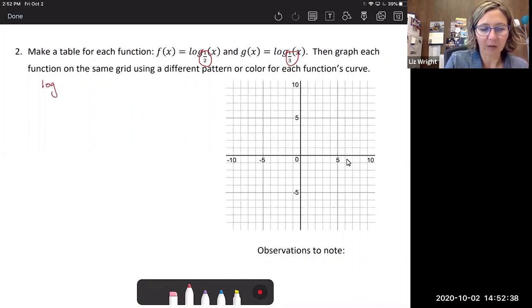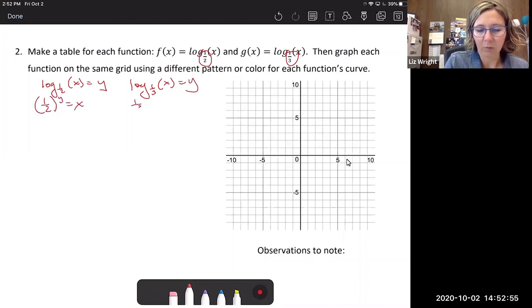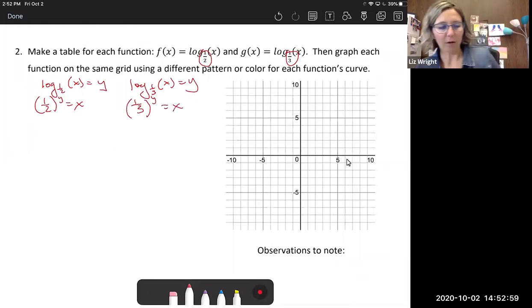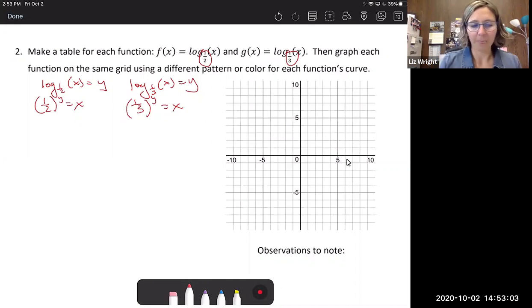So we've got log base 1/2 of x equals y, and log base 1/3 of x equals y. And so it's going to be 1/2 to the y equals x, and 1/3 to the y equals x. So there are our two functions converted into exponential form.